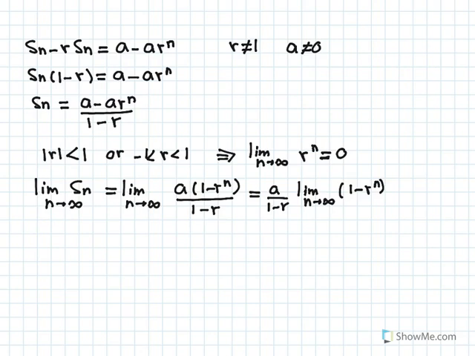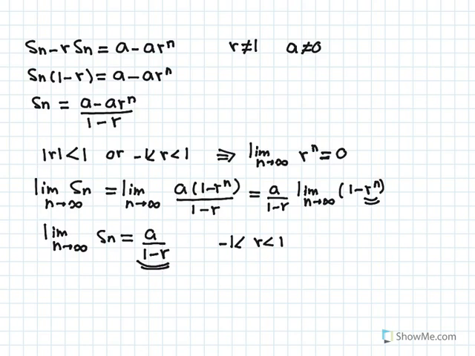Now, we showed that r to the n approaches 0 as n goes to infinity, so the limit of Sn is equal to a over 1 minus r. So the infinite geometric series converges when r is between 1 and negative 1, and this is of course the sum of the geometric series.